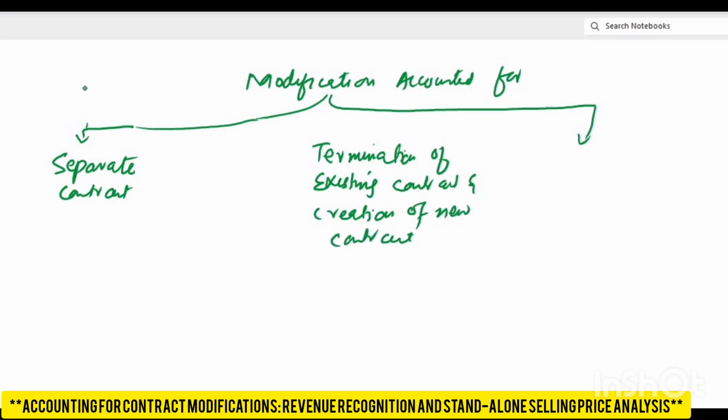And the third one, you may count it as a part of the existing or the original contract. Clear?